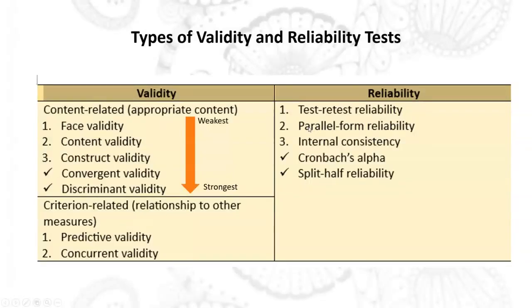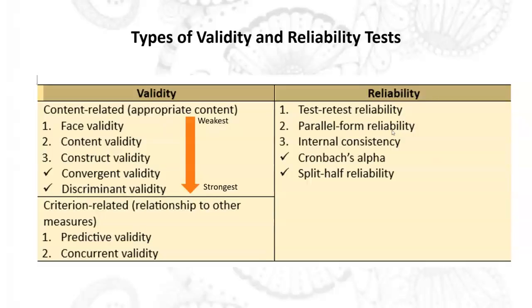And for reliability, there are mainly three types: test-retest, parallel form, and internal consistency. Parallel form is commonly used by teachers because we allow students to apply for supplementary exams if they are sick on that day. So now I usually develop more than one test paper because every semester there must be a few students who cannot attend the test on a particular day.